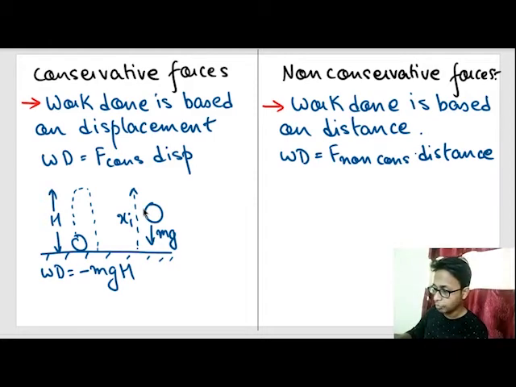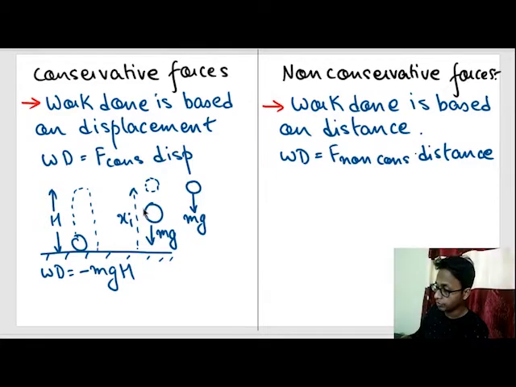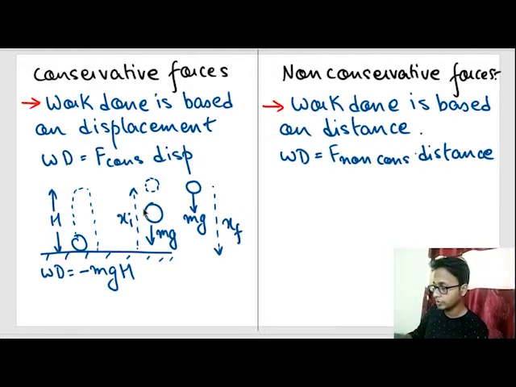After that it reached the topmost position, okay, and then it started coming down. So from the topmost position, when it started coming down, the direction of gravity force was down, and the direction of displacement was also down. So the work done by the gravity force in this much path only is equals to plus mgh. Okay, so total work done is equals to 0.